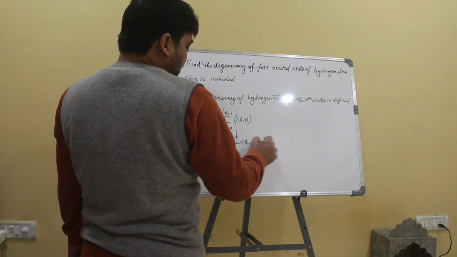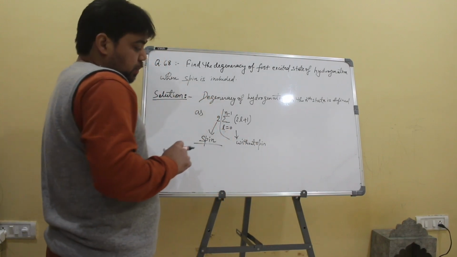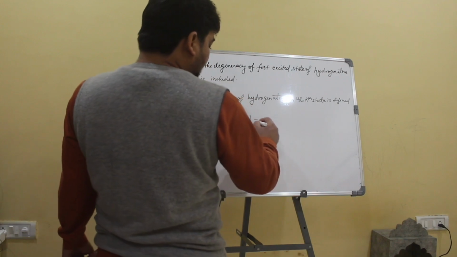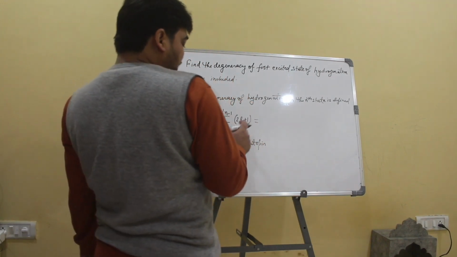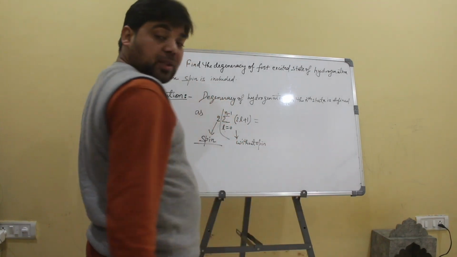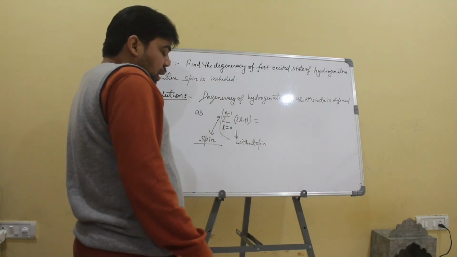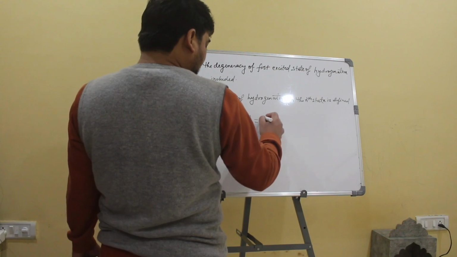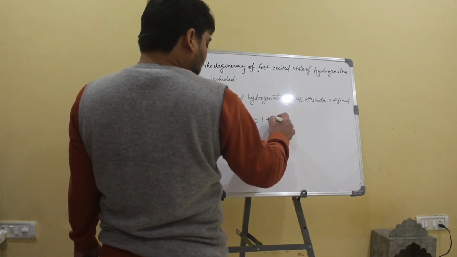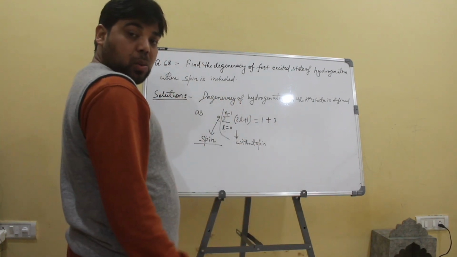Right? And this part is with spin. So just add it. You will find that for L equals 0 it will be 1, and it will form a series. Right? So it will be 1, 3, right?